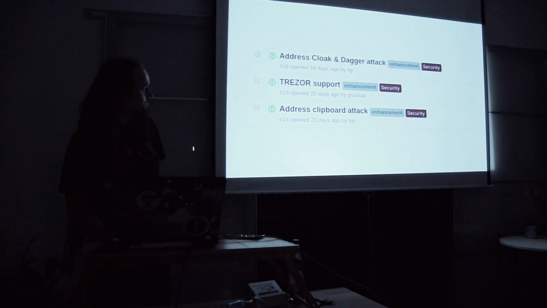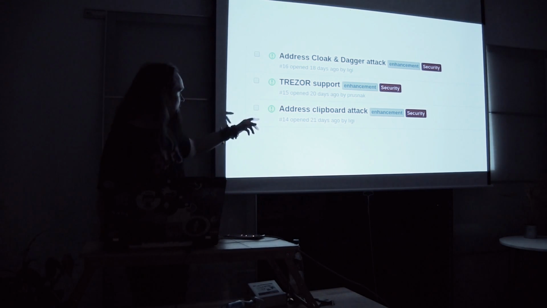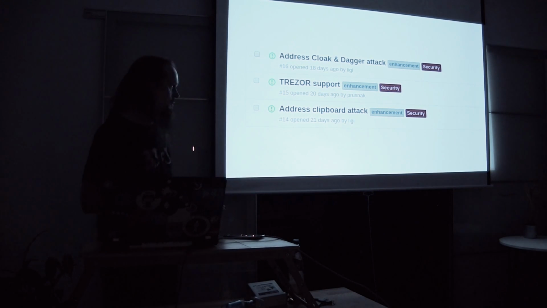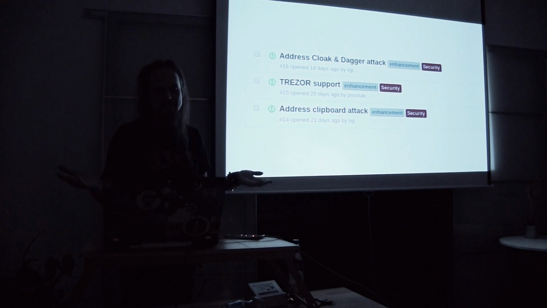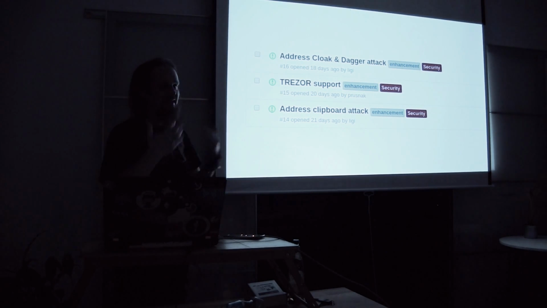I'll show you the cloak and dagger attack shortly after because it's really bad. Tracer support is coming, and the clipboard attack. Thanks to Andreas for making me aware of that. I wasn't really aware. It's a big problem, so I start with the clipboard. Everyone can listen for clipboard events and check if it's an address.